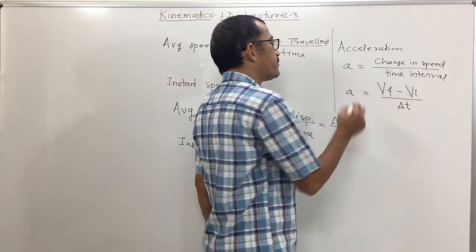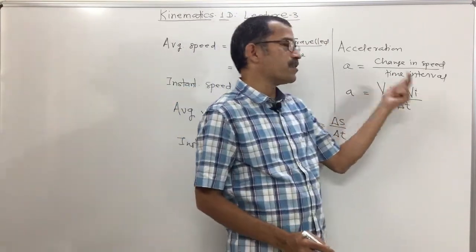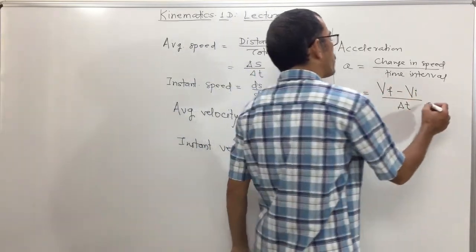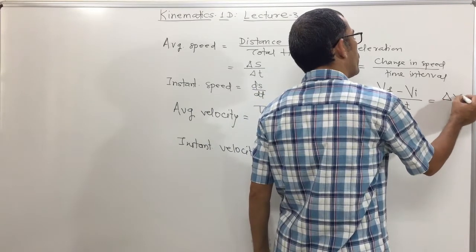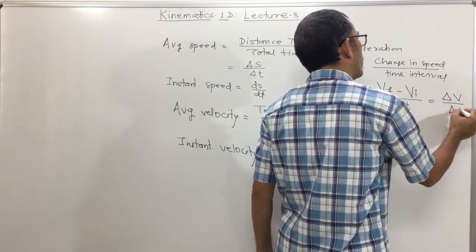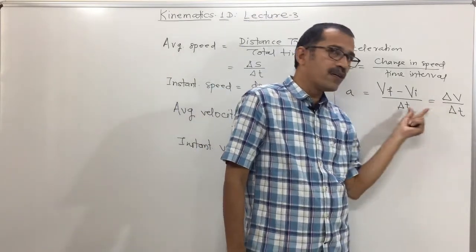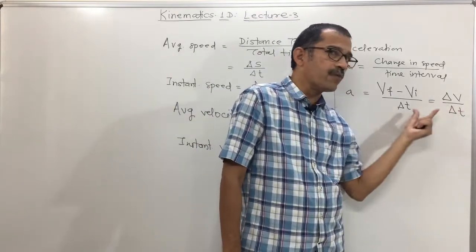So acceleration is final velocity minus initial velocity, or final speed minus initial speed, also written as delta V upon delta T.